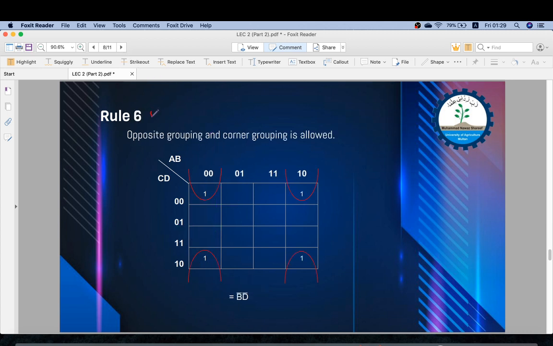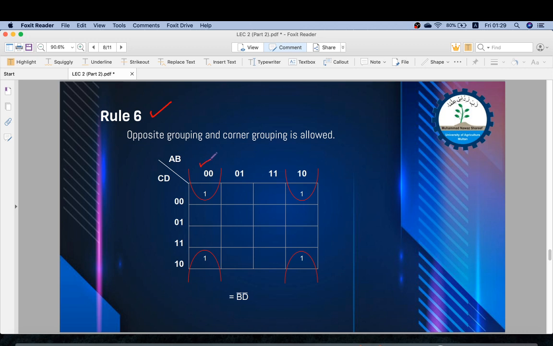So what is the sixth rule? Opposite grouping and corner grouping is allowed. What is opposite grouping? In this slide we'll take opposite grouping and corner grouping.